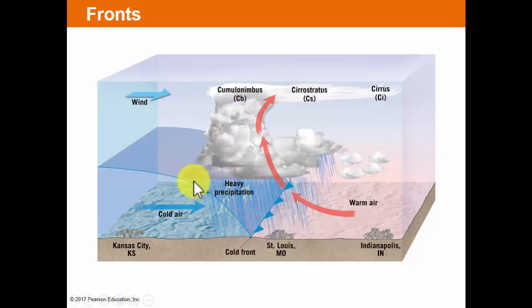But because you have cold air moving into warm air at the surface, this is an unstable environment. Remember, with the warm front, it was a stable environment. Now you have an unstable environment, and instability tends to produce clouds with vertical extent, like these cumulonimbus clouds, which provide the heavy precipitation in the more active weather pattern.